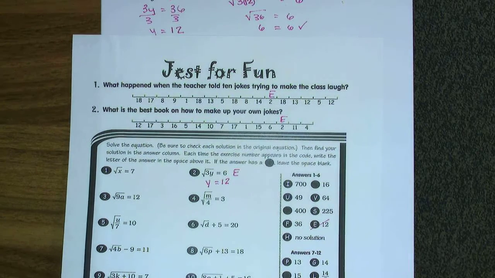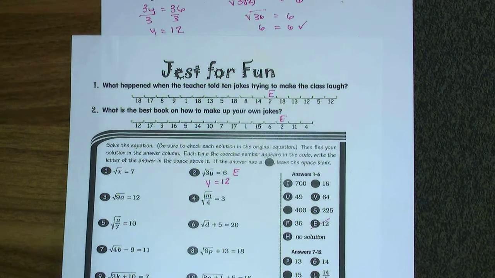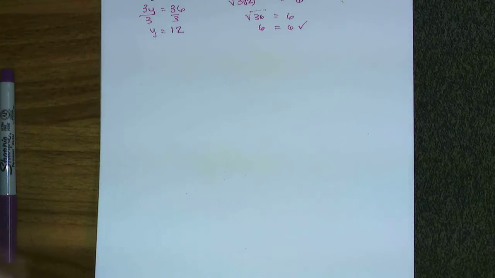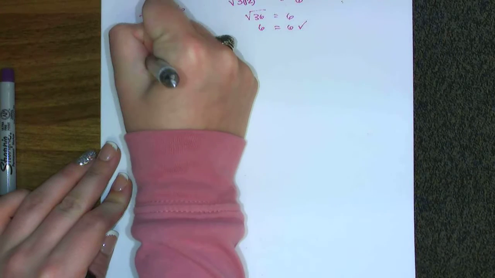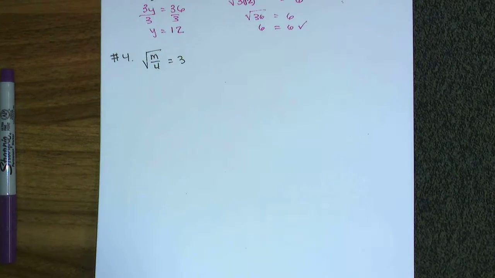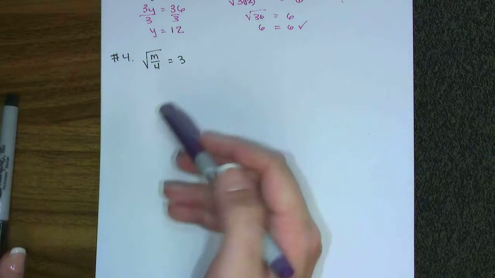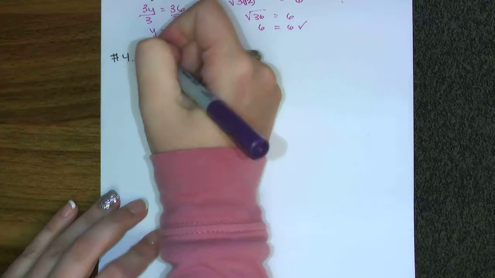Alright, 4. The square root of m over 4 is equal to 3. So with one like this, okay, we didn't do one like this in the other video, so we still have to square both sides.